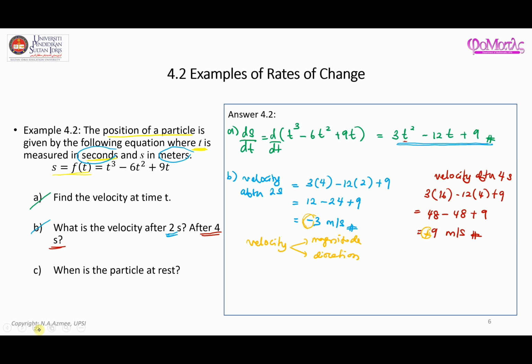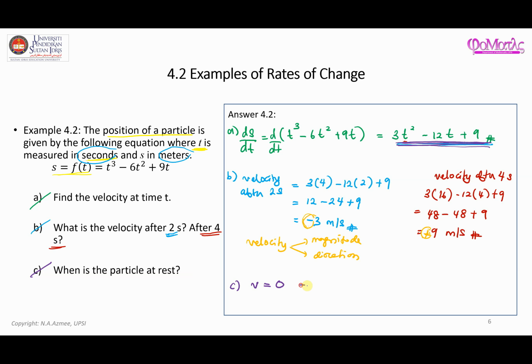Right, now let's check the time for when the particle is at rest. The particle is at rest when the velocity is equal to 0. So we set this result equal to 0 and solve it to find the value of t.